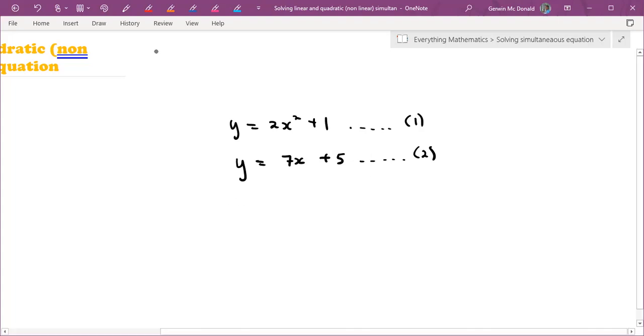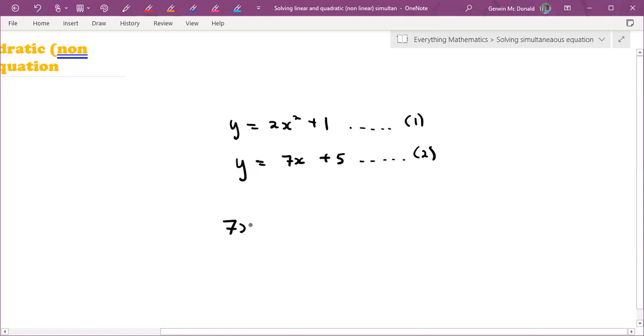So for instance here, notice that they told us y is equal to 7x plus 5. So all we do now is take that fact and plug it into this y up here, because y is 7x plus 5. In essence, we're making a new equation.